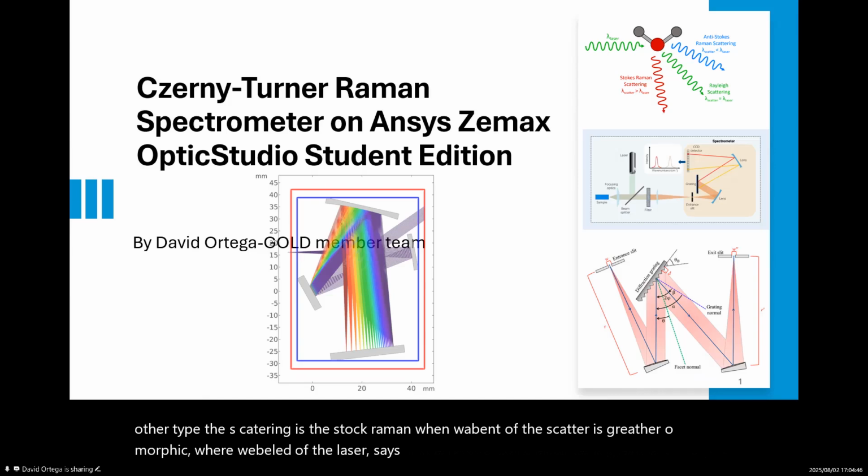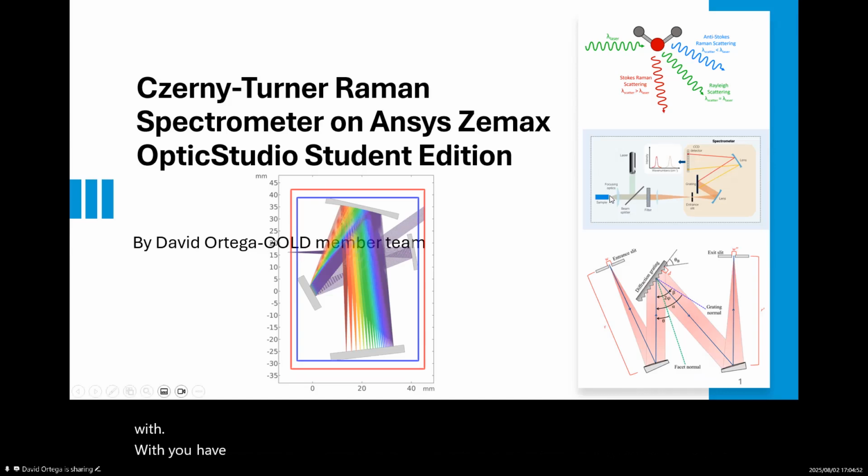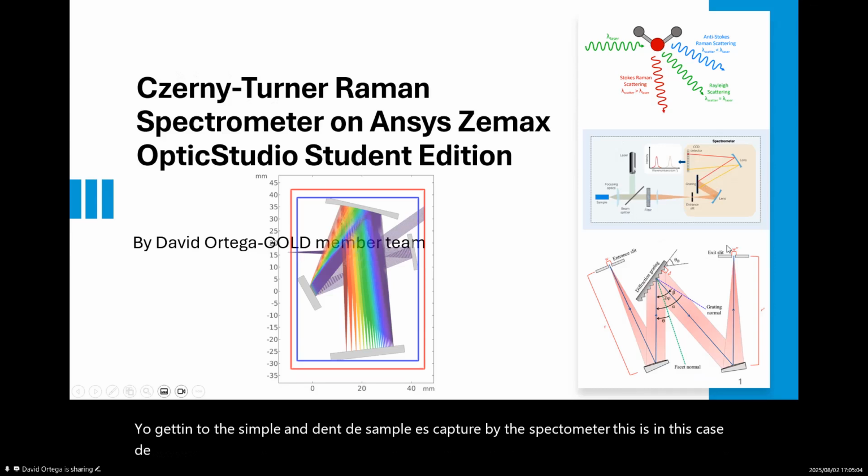This is a typical setup of the Raman spectrometer: you have a laser and some optics that direct it into the sample, and then the sample light is captured by the spectrometer. In this case, the Czerny-Turner spectrometer is quite more elaborate.